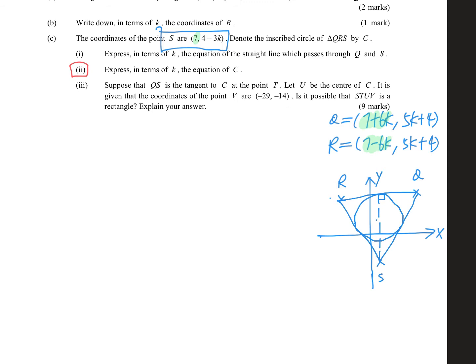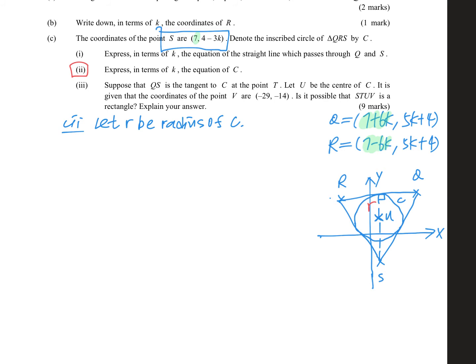So let U be the center of the inscribed circle, and first of all C2, right? So we let R be the radius of C. So this is C, and then this is R.